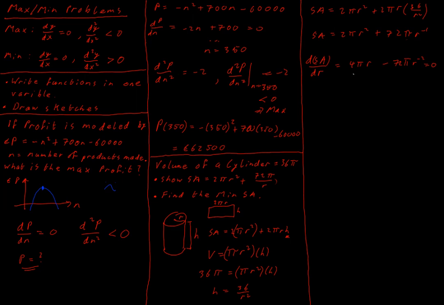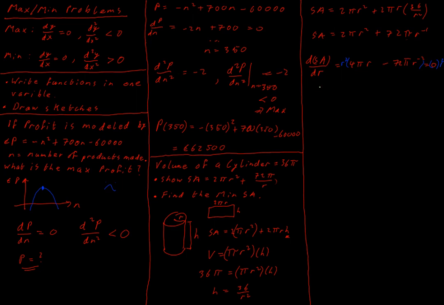So I need to multiply both sides. I recognize that I have a negative power here. I don't like that. So I'm going to try and solve this by multiplying both sides of my equation by r squared.